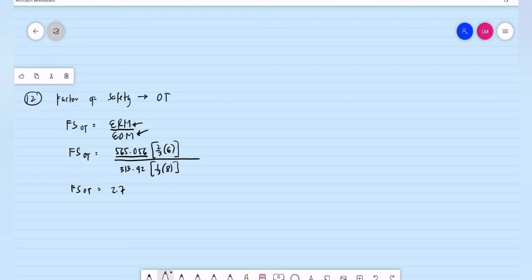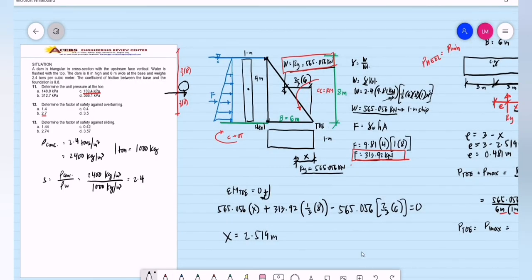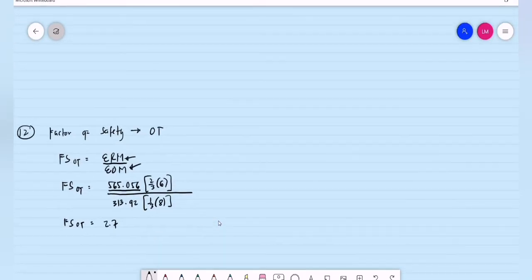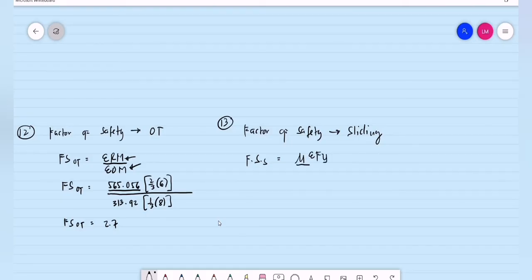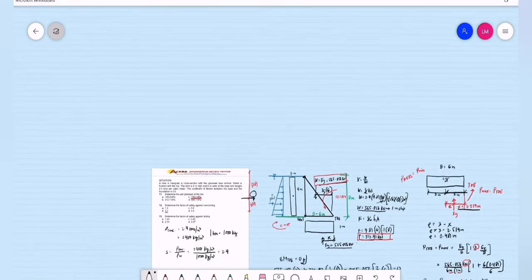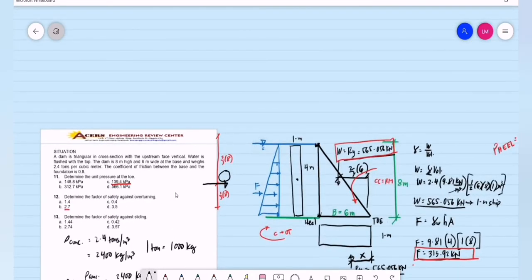It is simply equal to mu, the coefficient of friction, multiplied by the summation of forces, the net vertical force, summation of forces along y, divided by the summation of forces along x. In this problem, the coefficient of friction is given as 0.8.